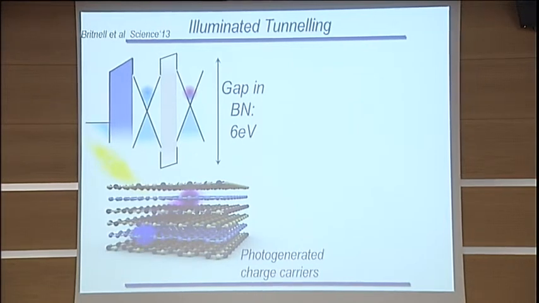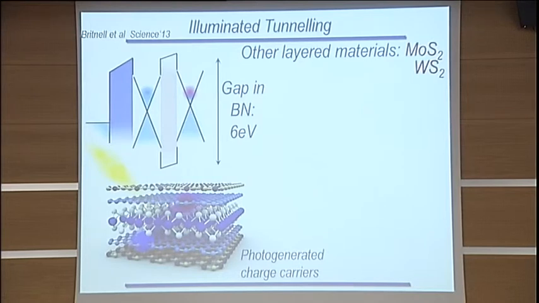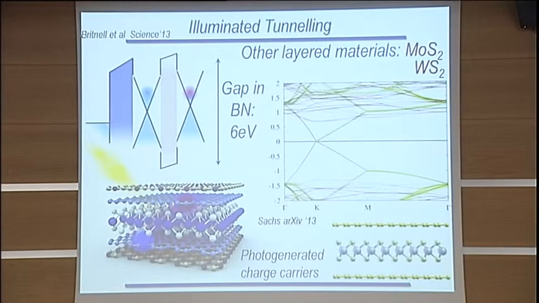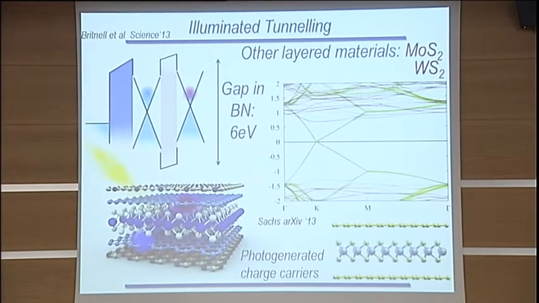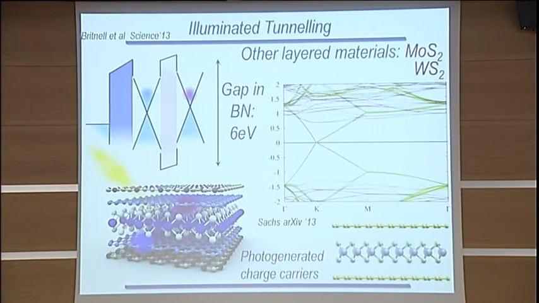So you should be able to see some photocurrent, and then you can also, as I showed, use molybdenum or tungsten disulfide as a material with a much smaller band gap, and here you also benefit from the fact that the work function of graphene fits quite nicely to the work function of either molybdenum or tungsten disulfide.